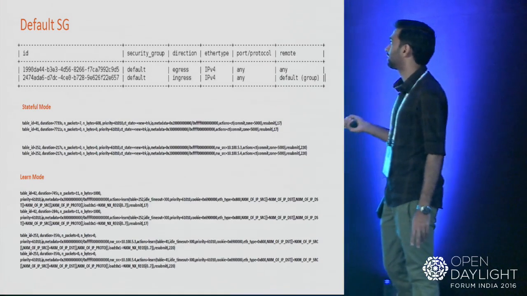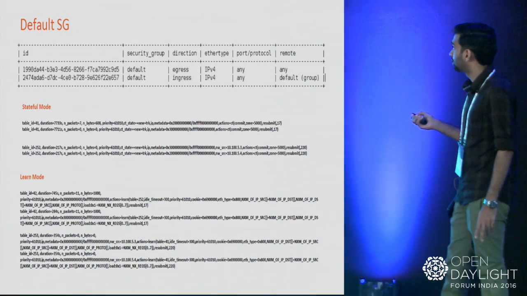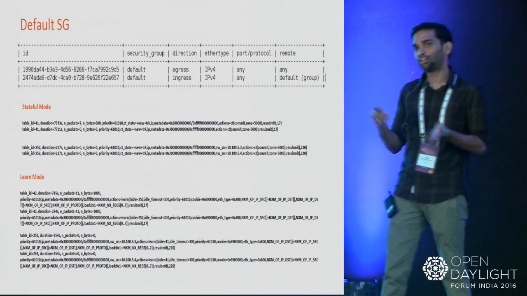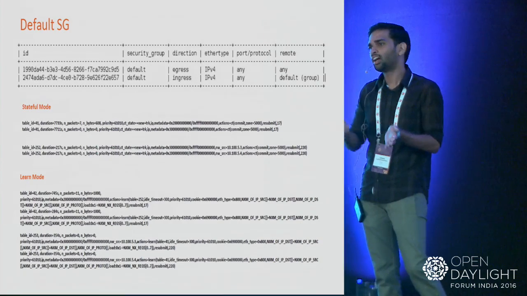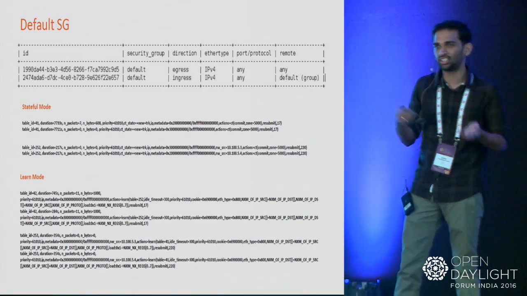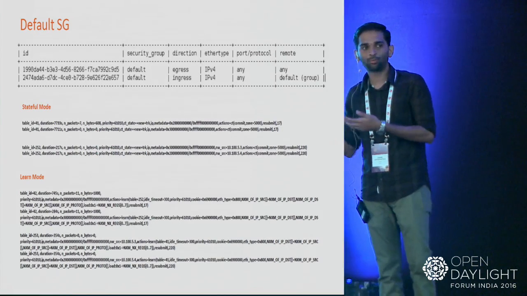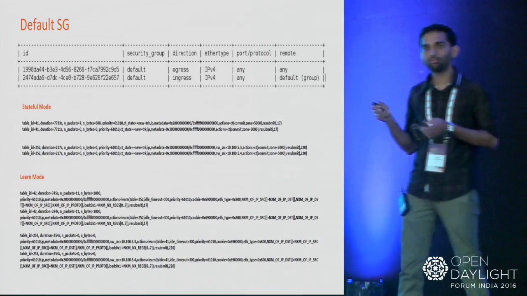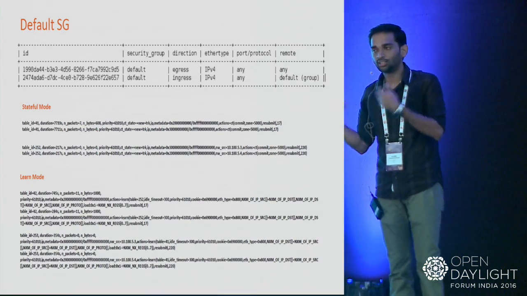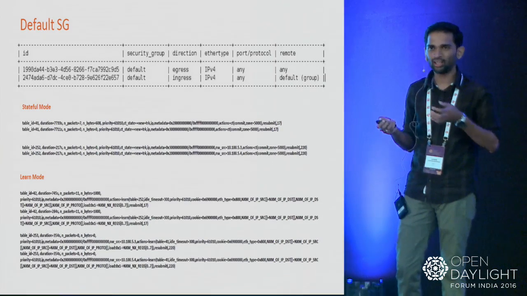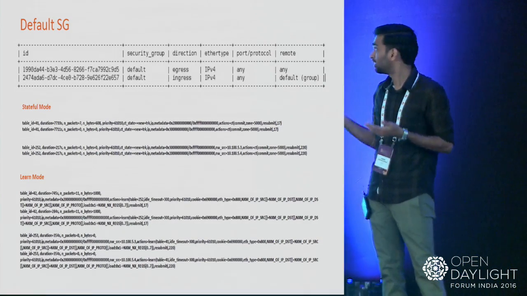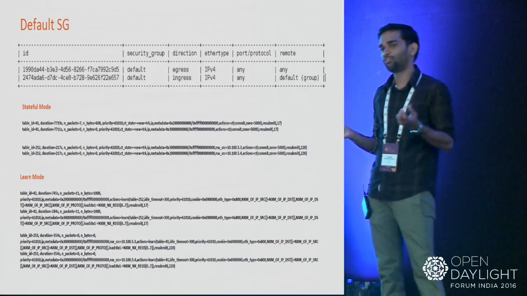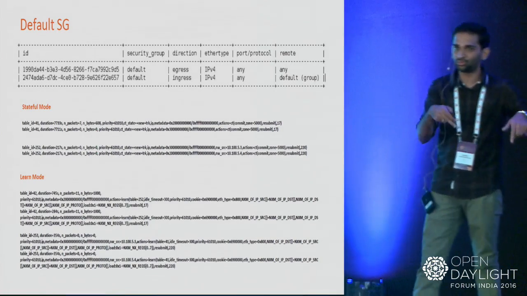Now ingress is a little restrictive. Ingress allows only other VMs which have default SG configured. So if there are 5 VMs and 4 VMs have default SG configured, and for the 5th VM you have created your own custom SG called SecurityGroup 1, and the 5th VM is spawned with SecurityGroup 1, all the 4 VMs will be able to communicate with each other, but the 5th VM, which was spawned with SG1, and had some rules which allow, maybe similar rules, remote traffic from SG1 or something, will not be able to communicate with these 4 VMs.